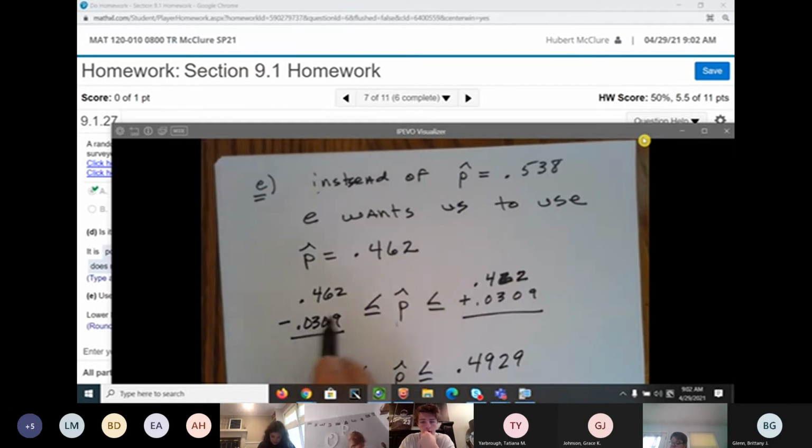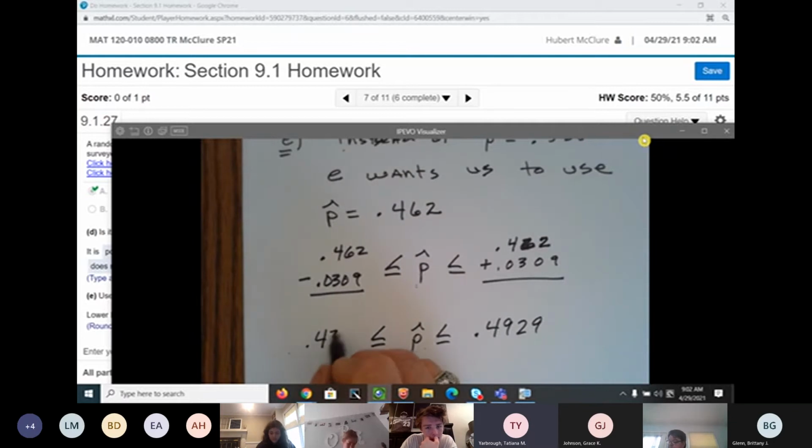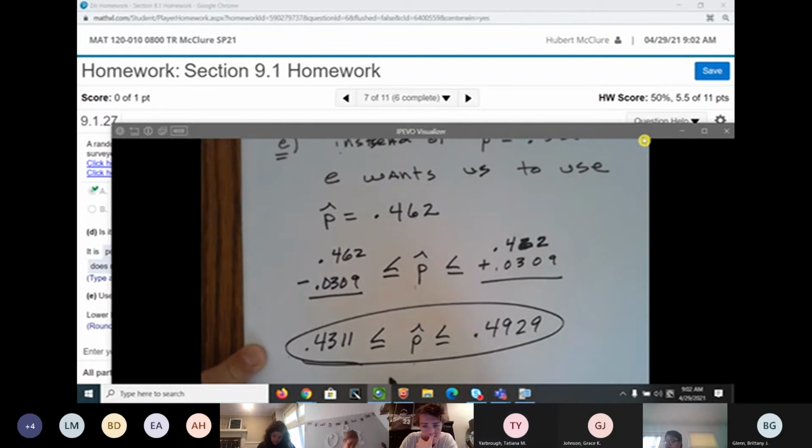And somebody tell me what this is. 0.4311. So this would be the confidence interval of people who believe it is a necessity.